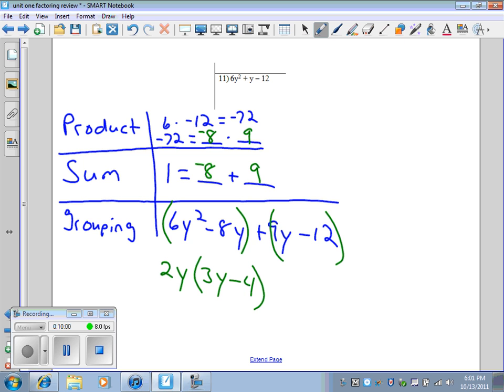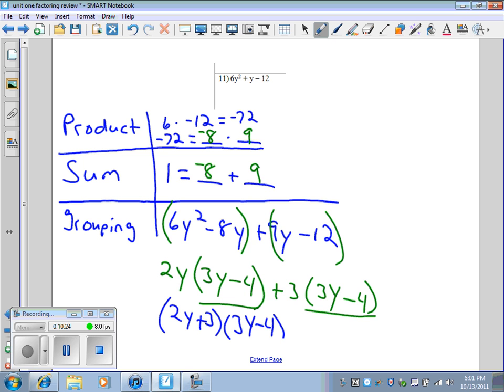And for the second one, I want to factor out a positive 3, which will give me 3y minus 4. Now I have a common term, 3y minus 4, 3y minus 4. So if I factor that out, I get 2y plus 3 times 3y minus 4.